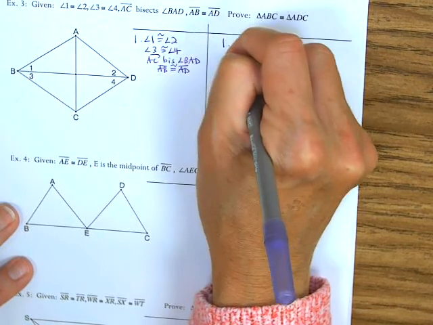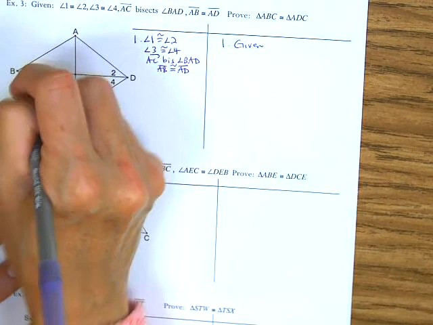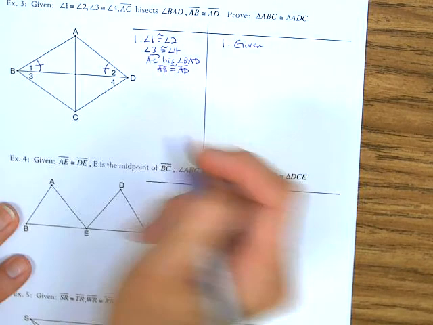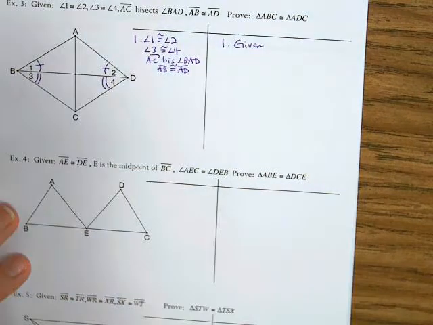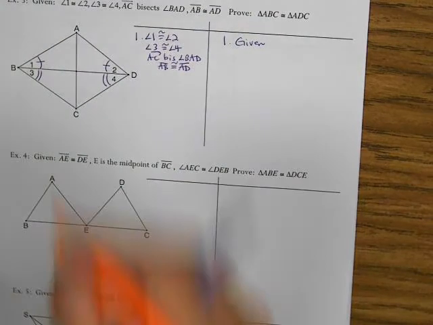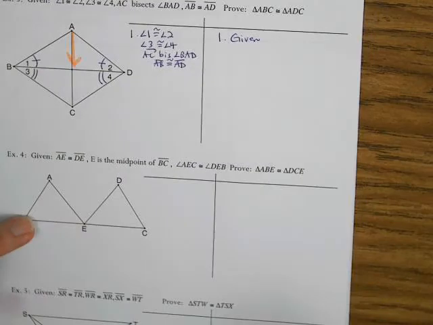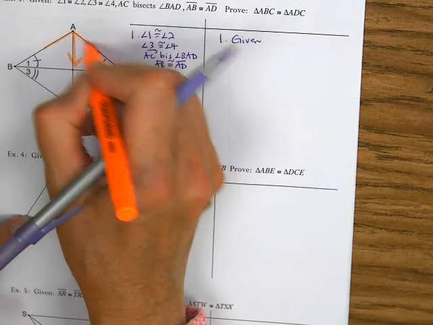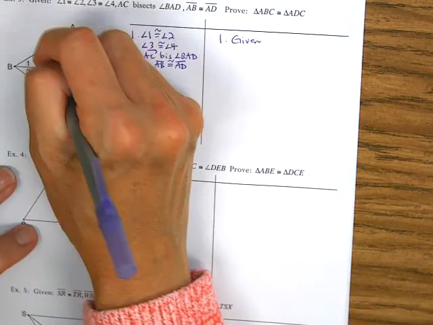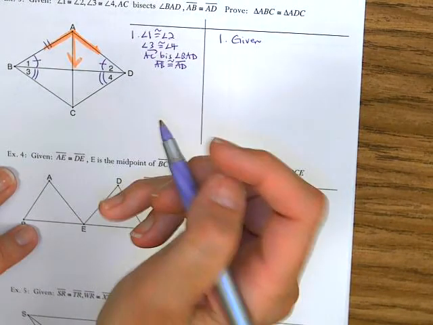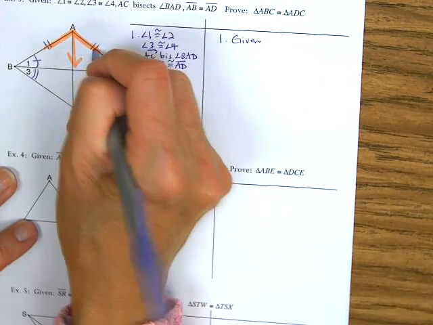That is a lot of given. Let's mark it up. 1 congruent to 2, 3 congruent to 4, AC, let's use color to highlight this, ray AC bisects angle BAD, so that orange is a bisector, and then I have segment AB congruent to segment AD.